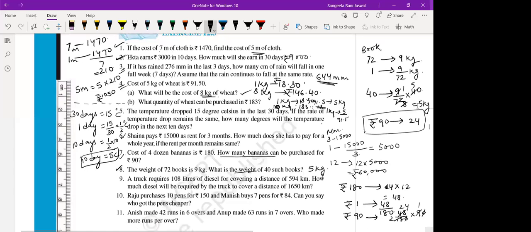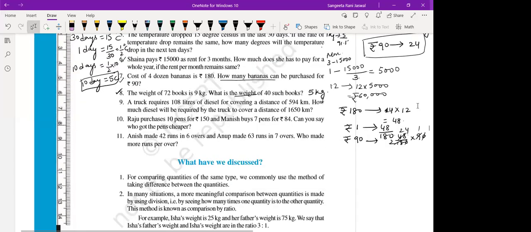Next, Bhavesh, read question number 9. Okay, ma'am. A truck requires 108 liters of diesel for covering a distance of 594 kilometers. How much diesel will be required by the truck to cover a distance of 1,650 kilometers?